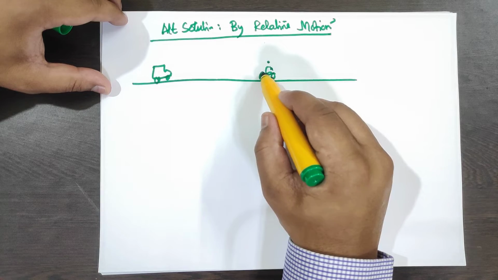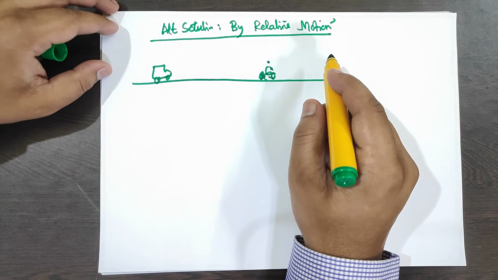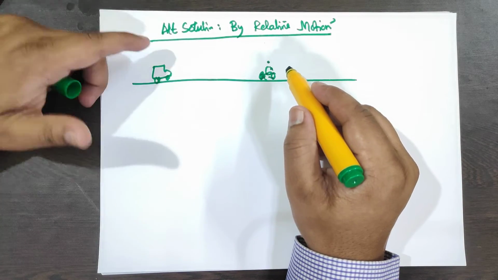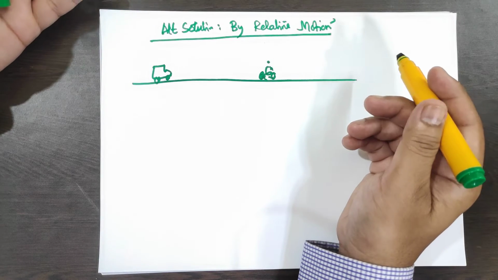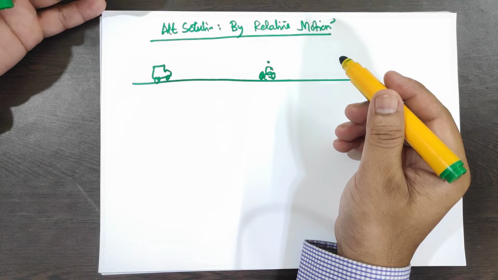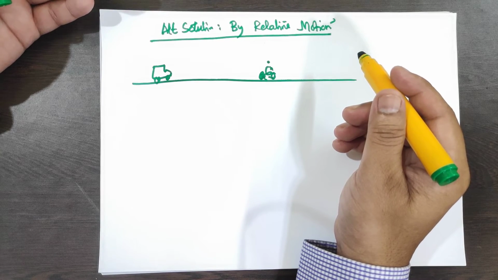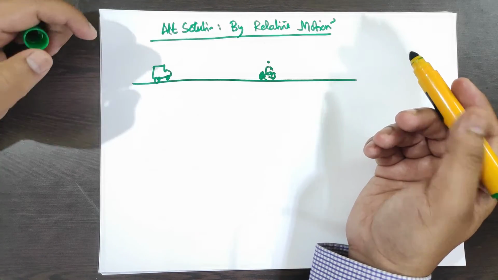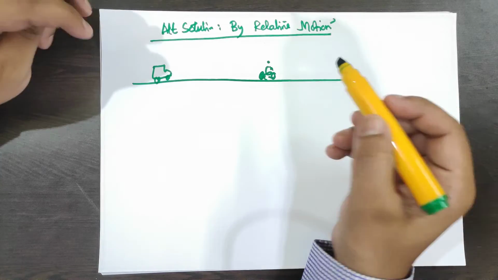I'll prefer to look from the viewpoint of the cyclist or the car, it's up to your choice. For this problem I'll choose the cyclist.